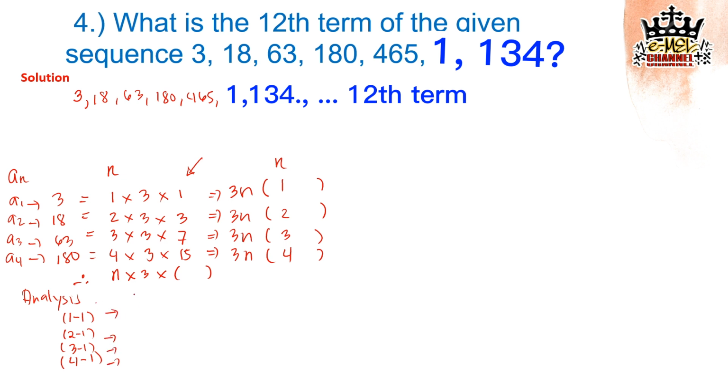So let's try to do the squaring. Okay, let's say n minus 1 squared. So we have 1 minus 1 squared, 2 minus 1 squared, 3 minus 1 squared, and 4 minus 1 squared. 1 minus 1 is 0, so probably you're going to add plus 1 to make it 1. 2 minus 1 is 1, then probably you're going to add by 2. 3 minus 1 is 2 squared, 4, you're going to add 3. 4 minus 1 is 3, then 9, you're going to probably add by 6.